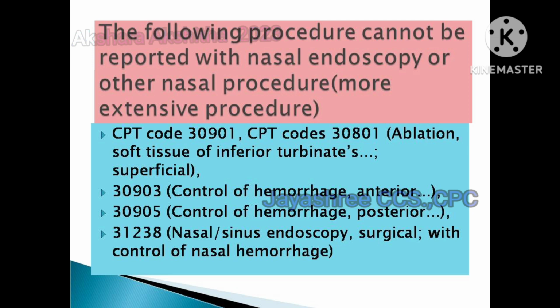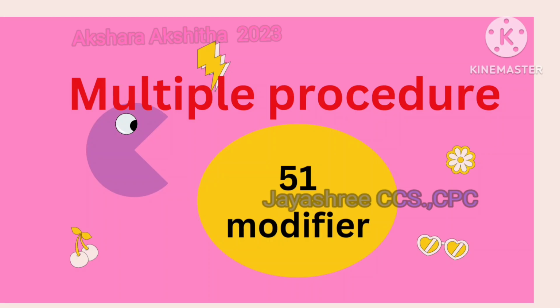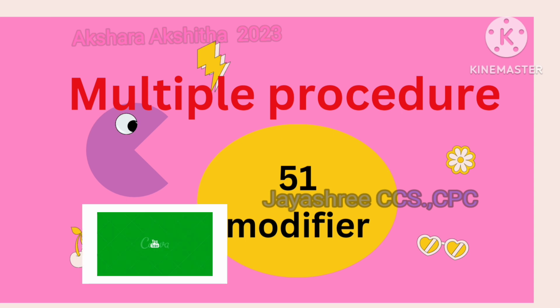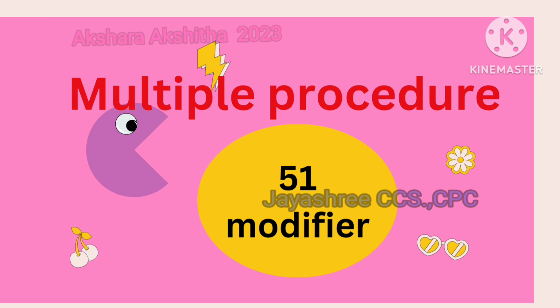Okay, then the next point is multiple procedures. If multiple services were performed and are not adequately described by a single CPT code, meaning we don't have any combination code for the multiple services, then we can code all services separately with the 51 modifier on the second service CPT codes. In this section, incidental examination of other areas shall not be reported separately.